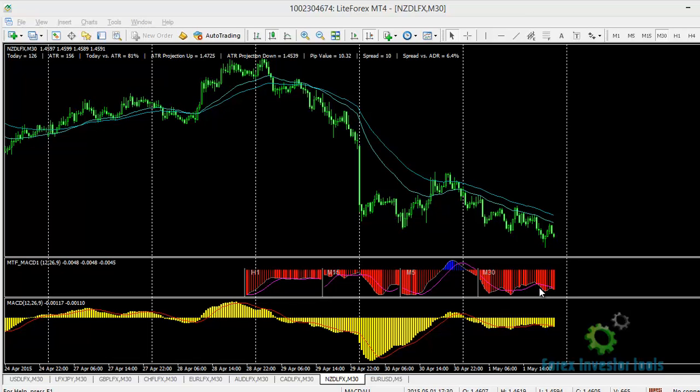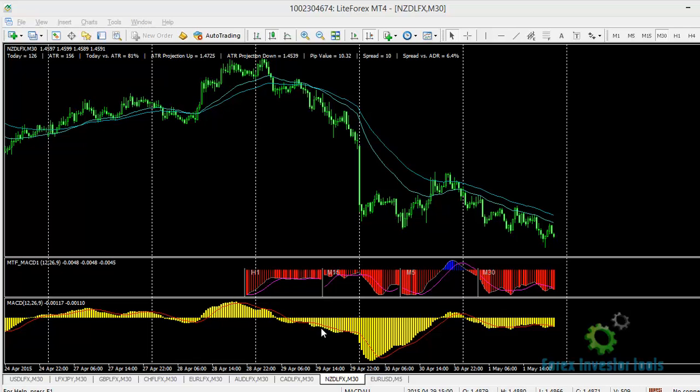Now we all know that we have been told that when the histogram drops below the zero line, it's basically a sell entry, and when it goes above the zero line, it's a buy entry. When I say pullback, what I mean is I would like to see the histogram below the zero.